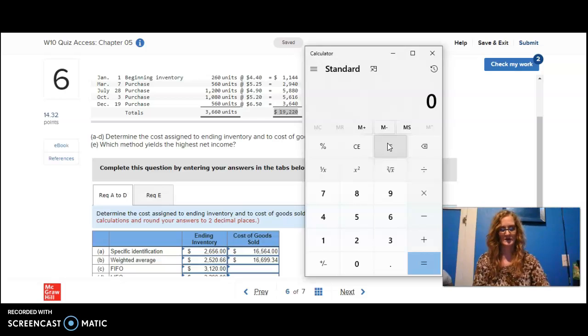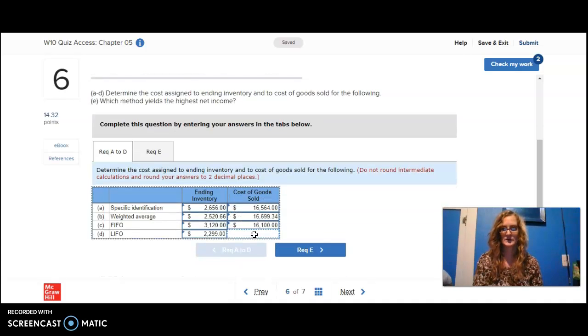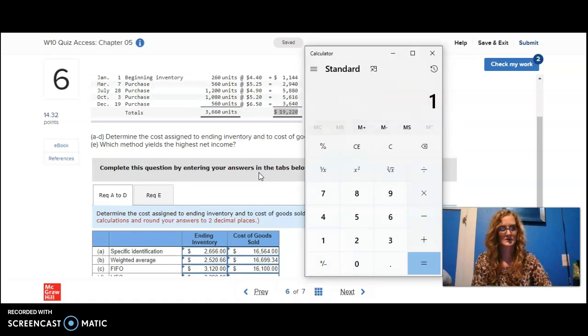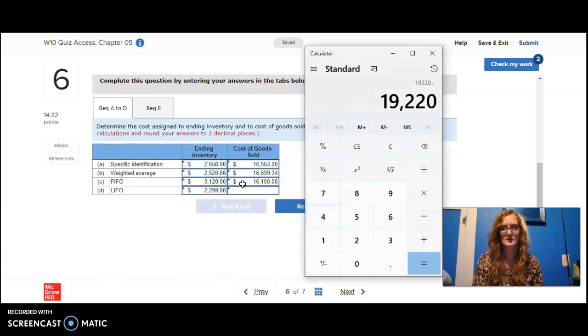Next, we take 19,220 minus 3,120, which gives us 16,100. And then the last one, 19,220 minus the LIFO ending inventory is 16,920.